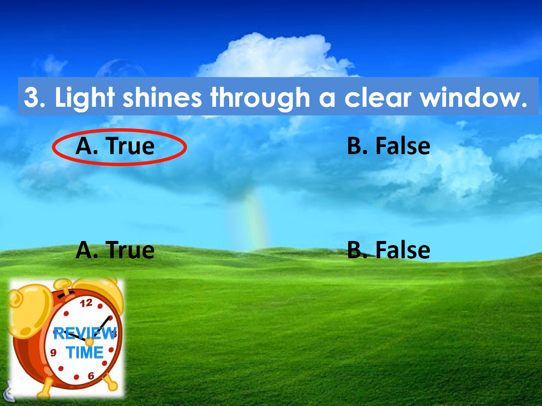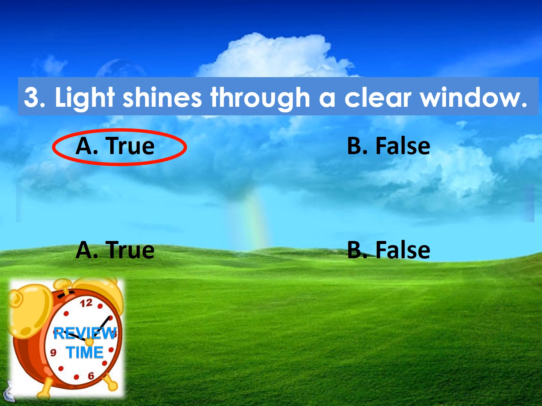So we said that light shines through a transparent material or object. What are other examples of transparent materials? We have a clear glass, a fish bowl, a magnifying glass, and eyeglasses. Light shines through transparent materials, that means no shadow is formed.